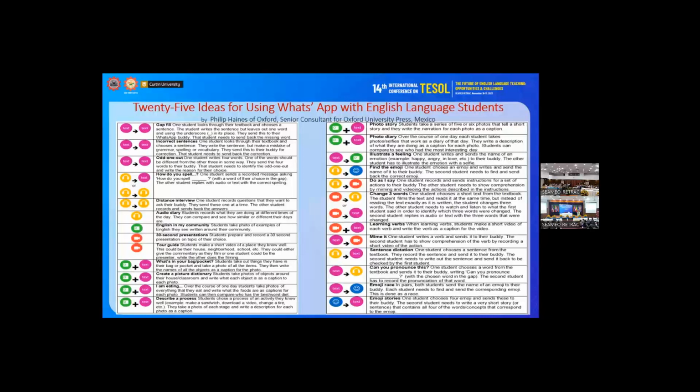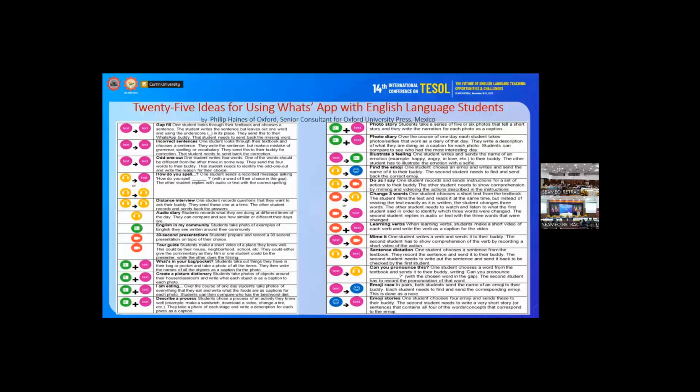One example here is that each partner texts a paragraph from the textbook to the other partner, makes a sentence with one mistake in it, and then they have to text back and find the mistake. So you can find this kind of information online, and that's a low-tech way.